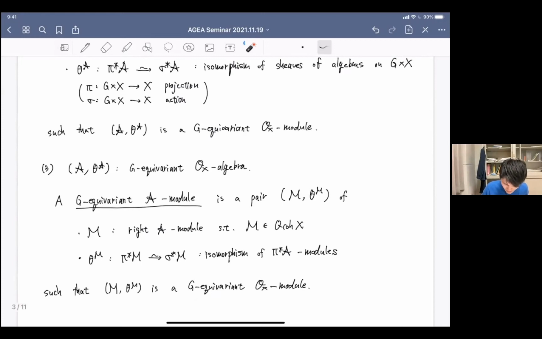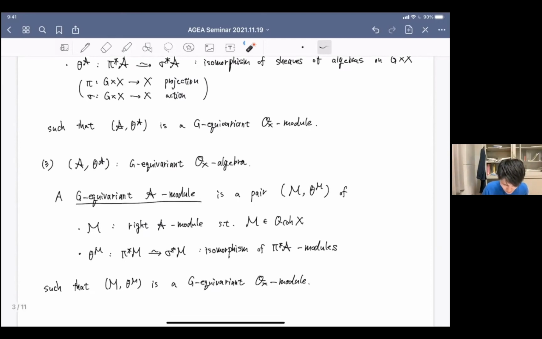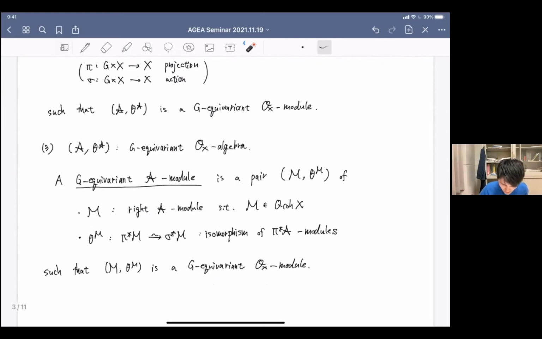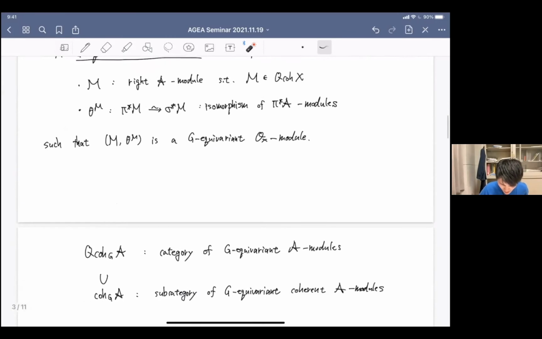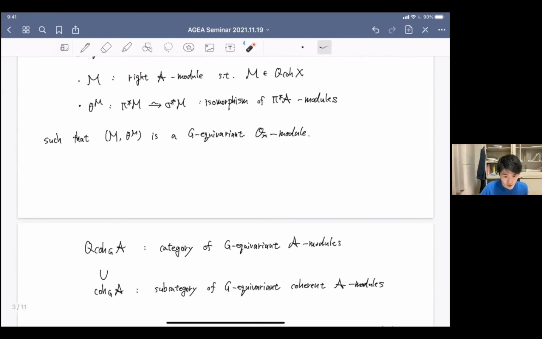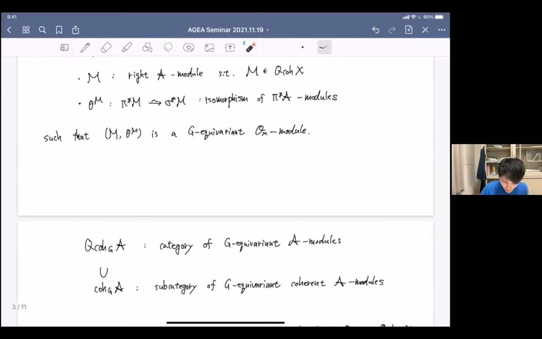And this pair defines a G equivariant OX module. So this is the definition of equivariant modules. Then we can consider QCoh G A, the abelian category of G equivariant A modules. And we also consider the subcategory of G equivariant coherent A modules, denoted by Coh G A.